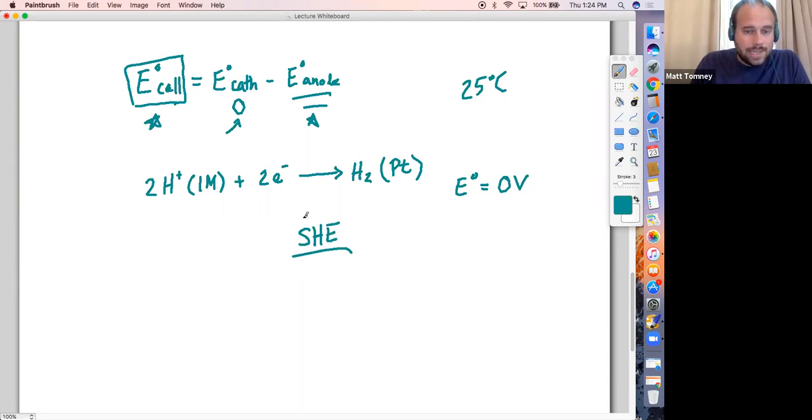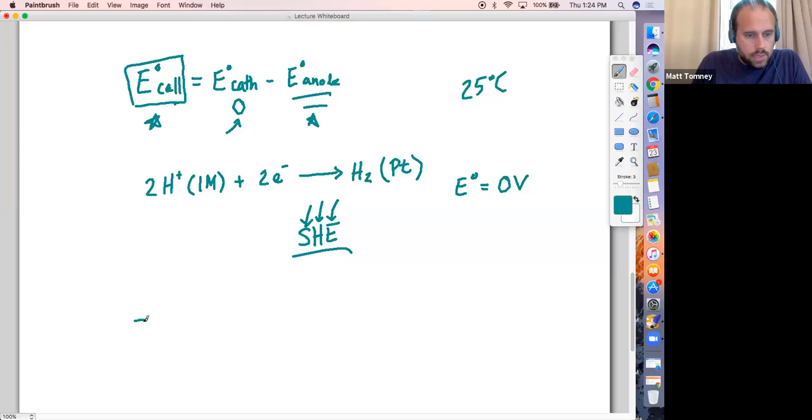This is the standard hydrogen E cell, or the standard hydrogen EMF, whatever you want to call it. It is the way that we standardize at 0 when we are at 1 molarity, 1 ATM, and 25 degrees Celsius.